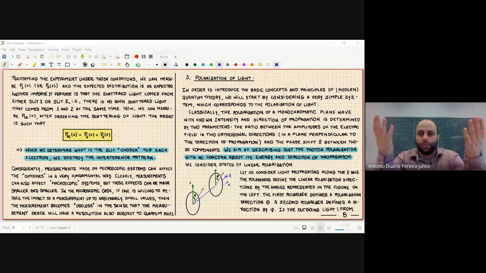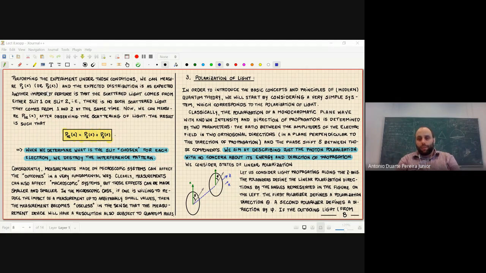You don't just sum the intensities that you see in this situation. You have to add the wave functions and then compute the intensity. And this makes a lot of difference, because when you add the wave functions, you can have constructive or destructive interference, and this is very important.